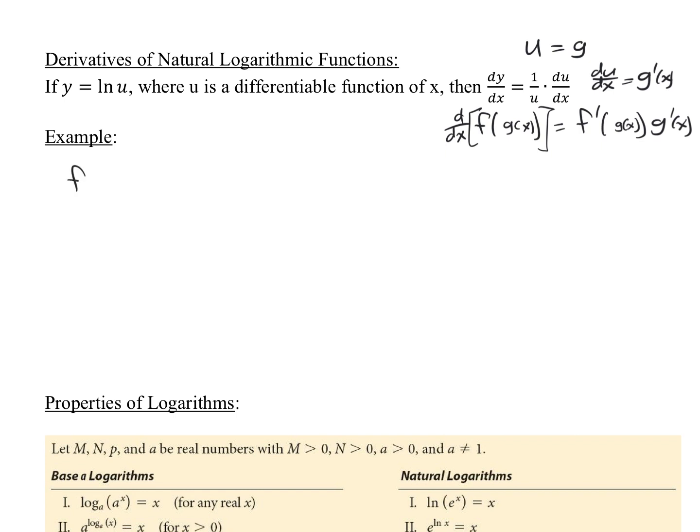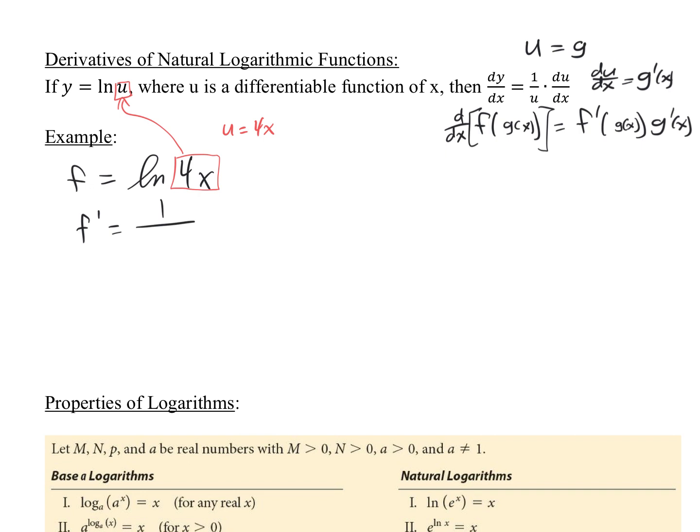Could you find the derivative of f if f was, let's say, the natural log of 4x? Well, the way you would do this is you would say f prime is equal to 1 over, now keep in mind, this 4x, if we were phrasing it in terms of the expression or the rule that we just saw, is taking the place of u, so u is equal to 4x.